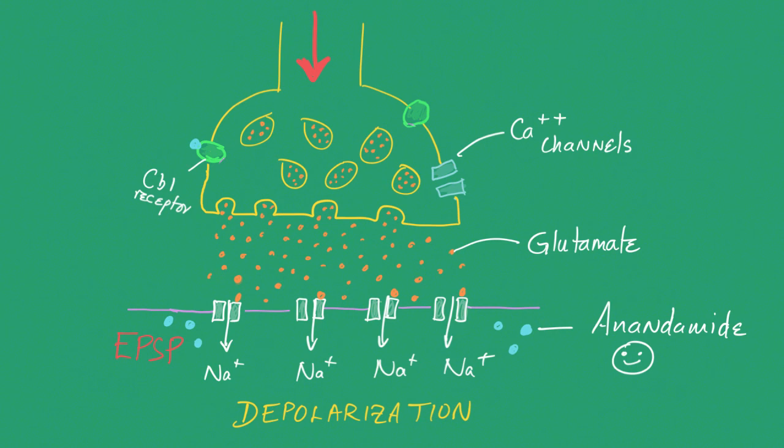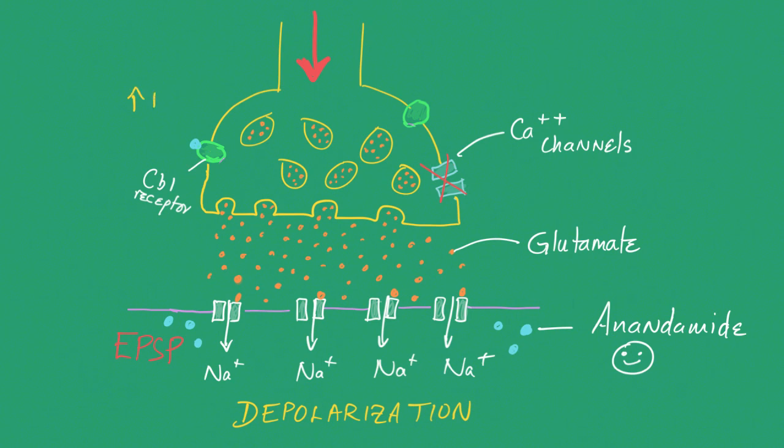So when the calcium channels are blocked, when the action potential arrives at the synaptic knob, the calcium channels are no longer functional as a result of this binding of anandamide. So no more glutamate is released into the synaptic cleft, and so the excitation of the postsynaptic neuron reduces quite a bit.